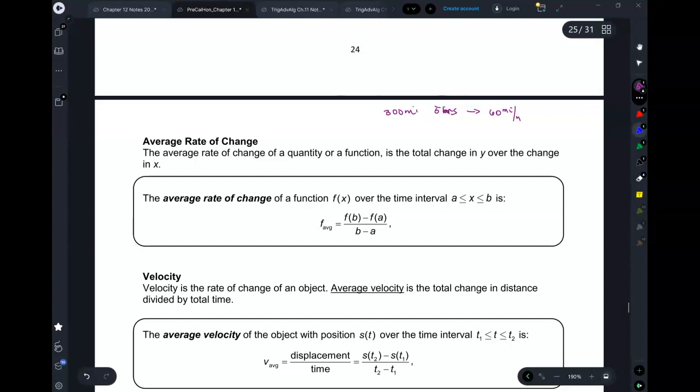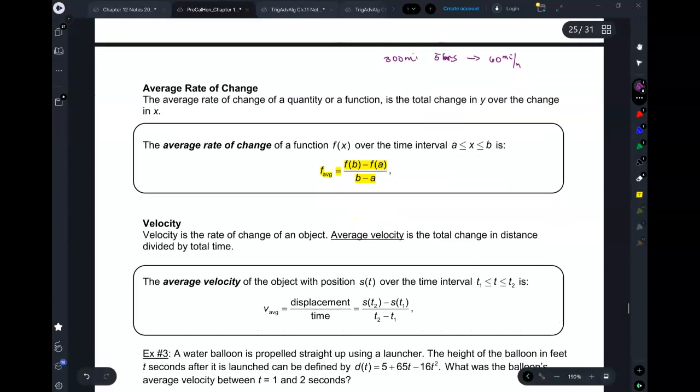Okay, so how do we find average rate of change? Well, it's this formula, f of b minus f of a over b minus a. So what does that remind you of? Slope. That's exactly what it is. It's y2 minus y1 over x2 minus x1.